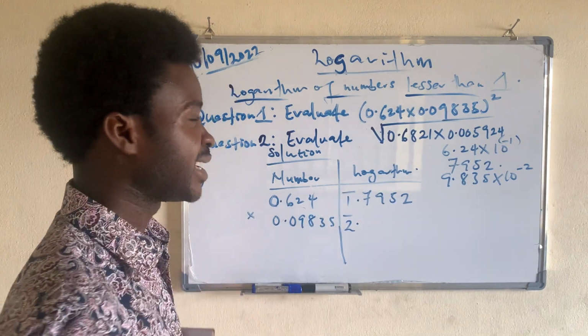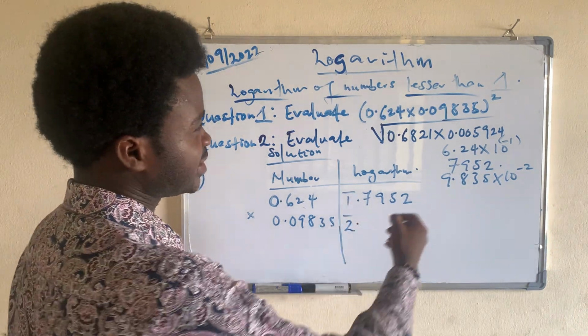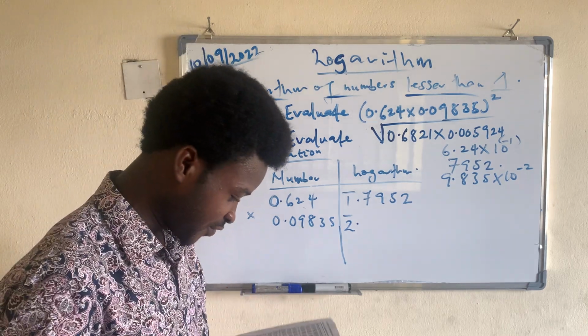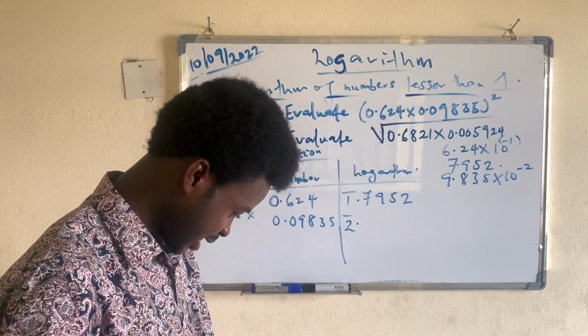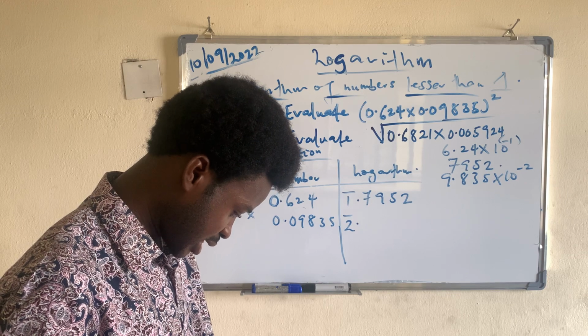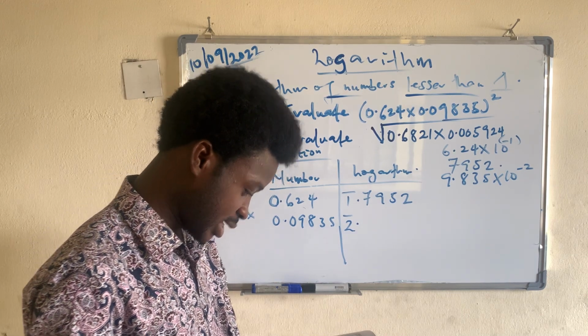The mantissa is obtained in the table, and your characteristic is the power of 10. So 98 under 3, difference 5. I check on my table: 98 under 3 is 9926.